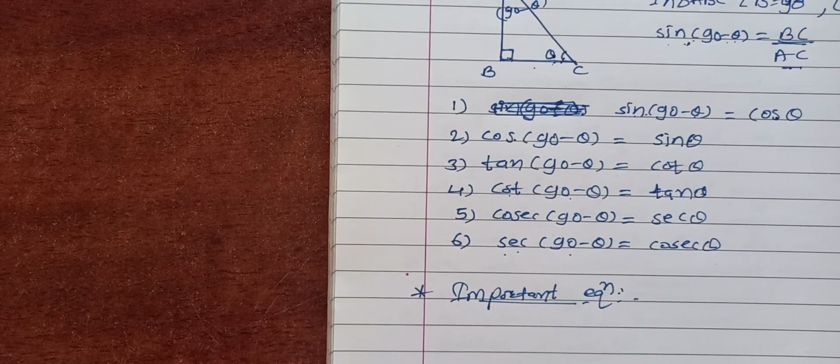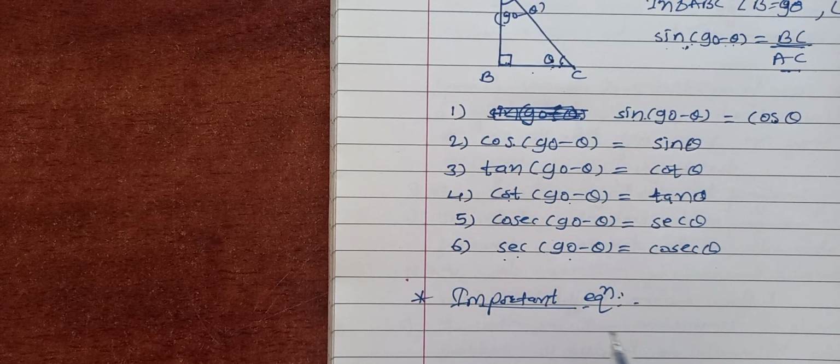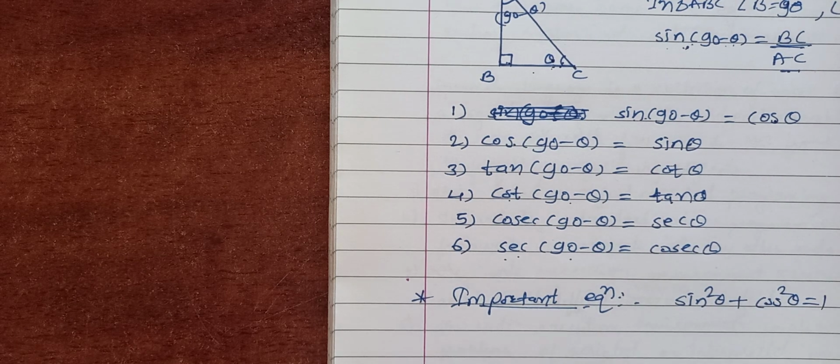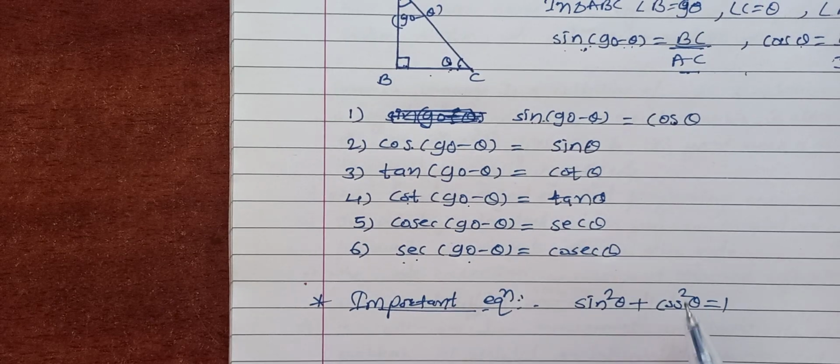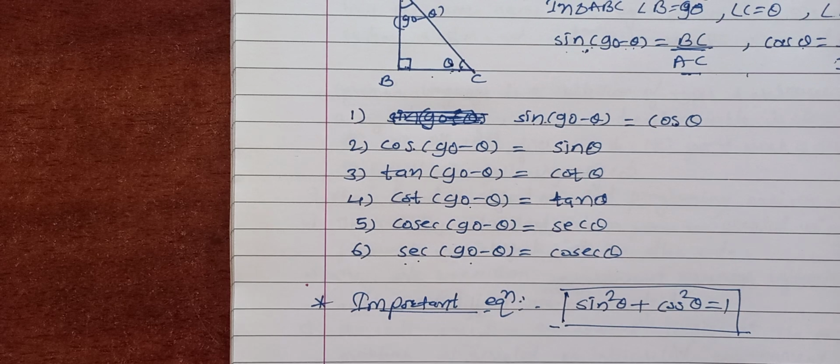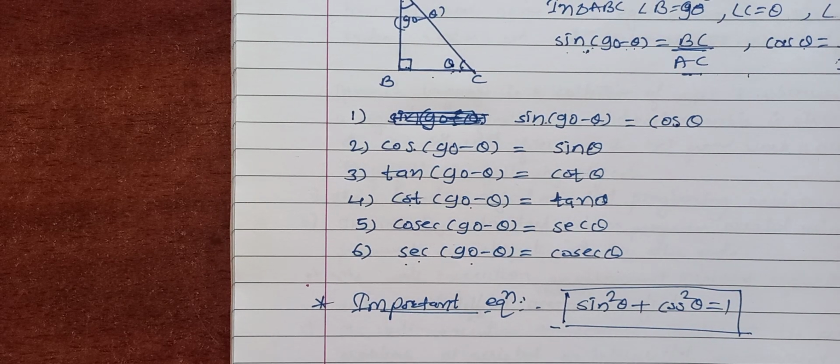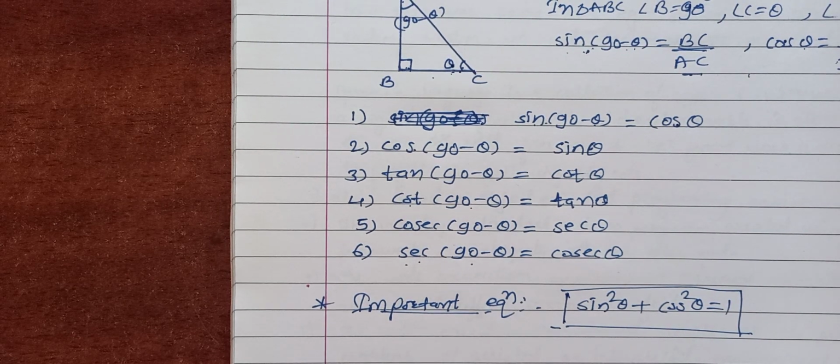So using this, one more important relation you have to study, that is sine square theta plus cos square theta is 1. Okay, this proof is given in the book. So you have to study how sine square theta plus cos square theta is 1. So study it properly. If any doubt, then you can ask me.